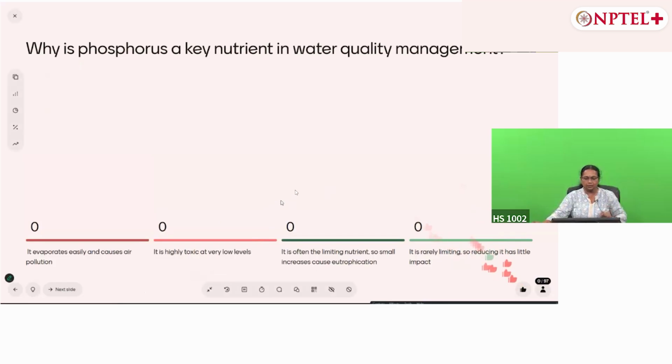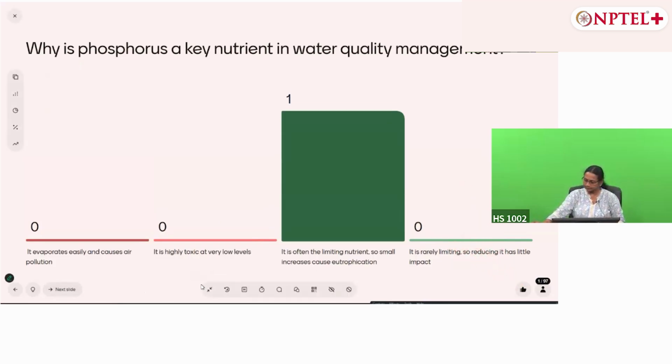Why is phosphorus a key nutrient in water quality management?